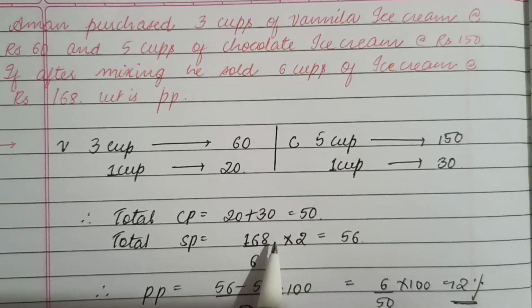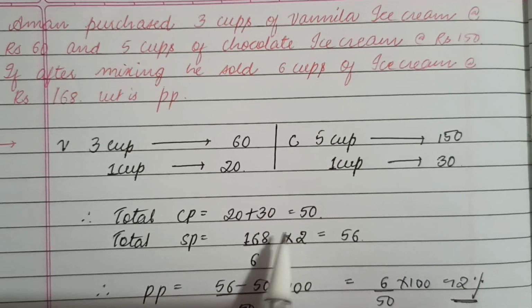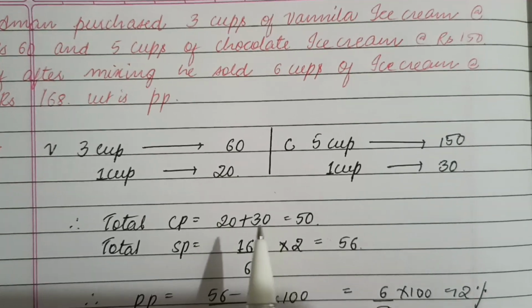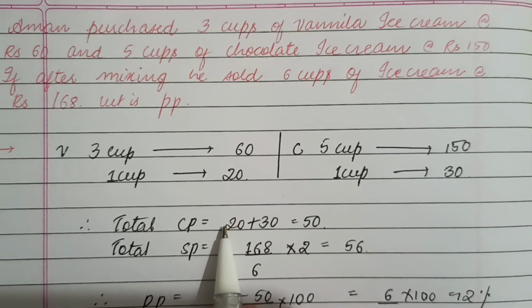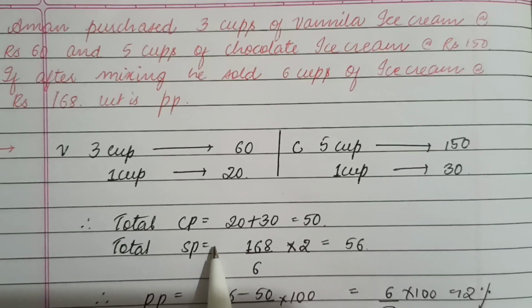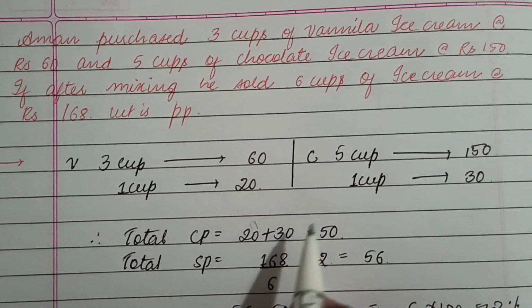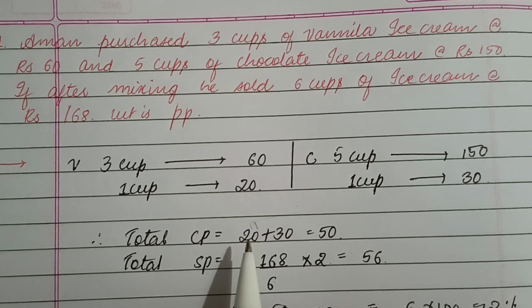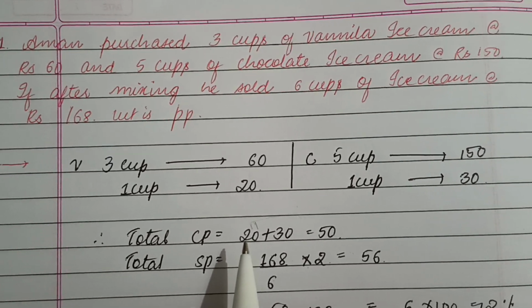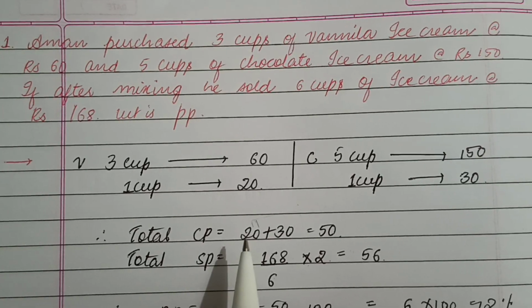And here I will explain why I have taken it as 2, because whenever we have to compare the profit percentage to buying 2 cups, you have to calculate the profit only for those 2 cups. Assume that you bought 2 pencils for 20 rupees, and you sell 6 pencils for 80 rupees.